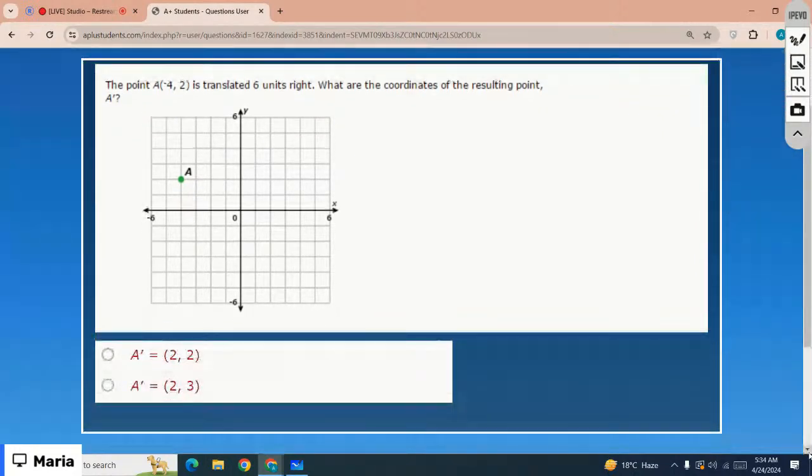What are the coordinates of the resulting point? That is 2, 2. Option number 1 A is the correct option.